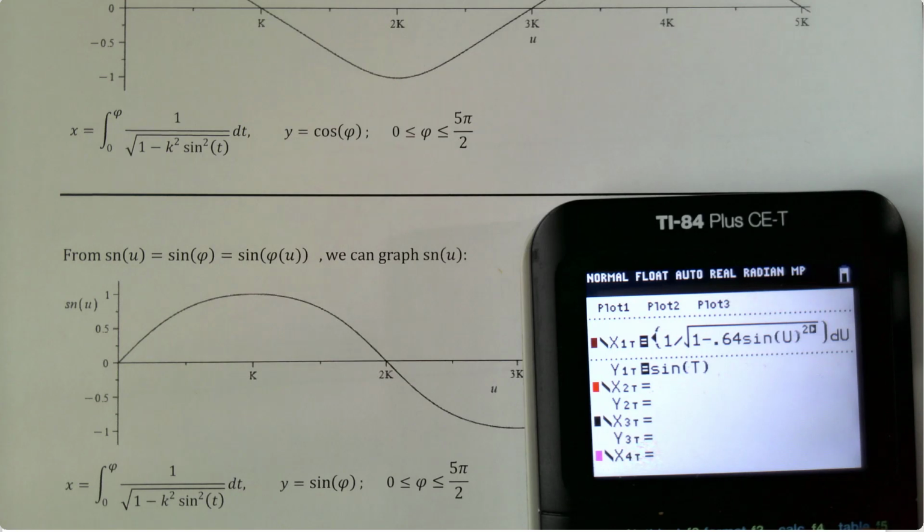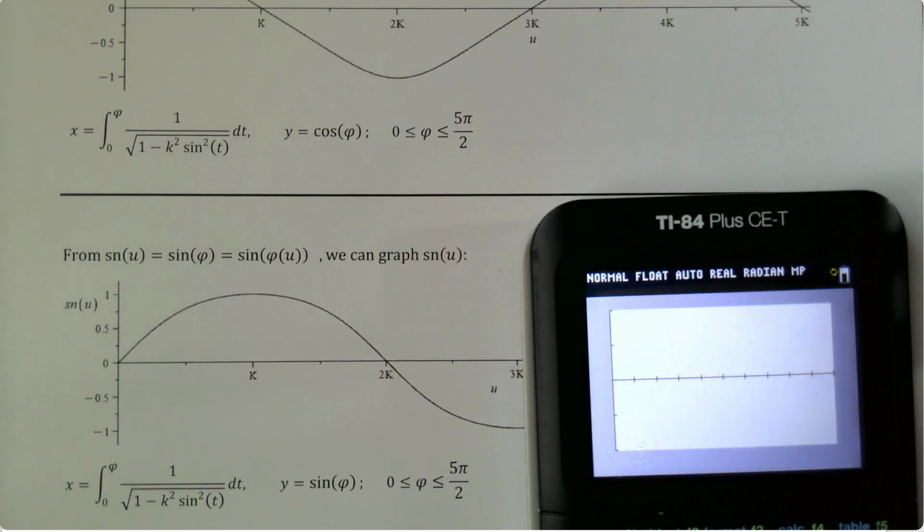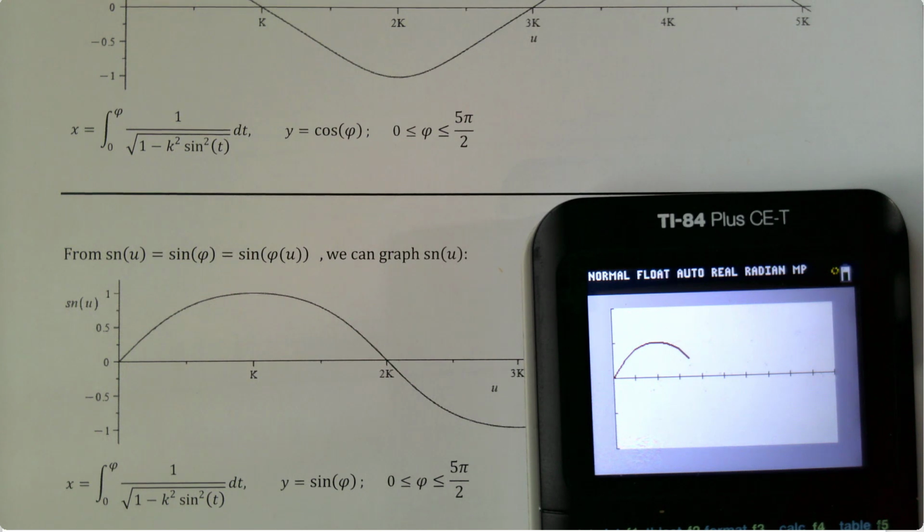So simple as that. To graph y equals sn u, I just need the horizontal axis u in terms of phi, and then y is sine of phi, or capital T. So graph. It starts pretty quickly at first, but does slow down quite a bit as it moves along and calculates.